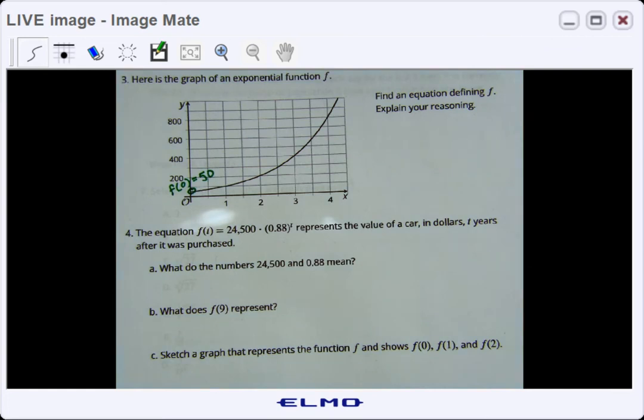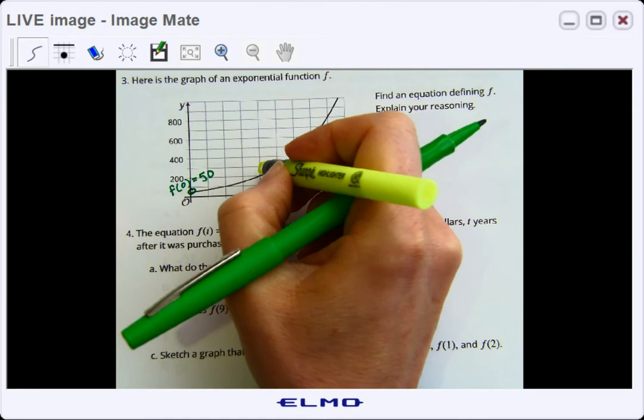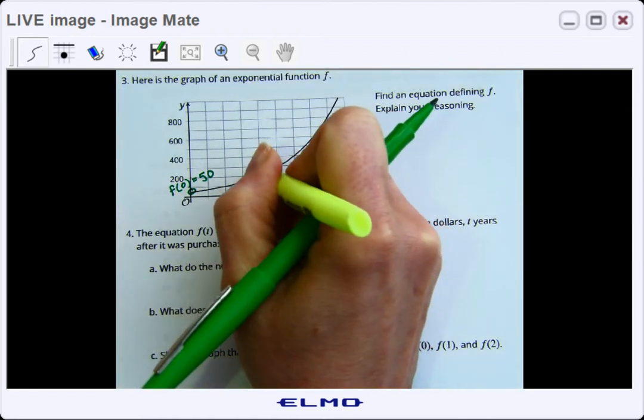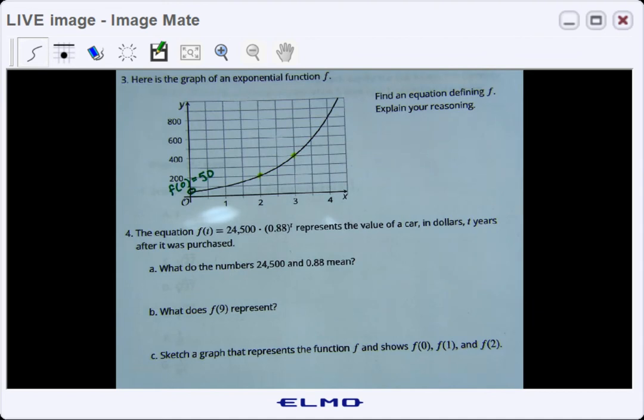So I know the initial amount, and then I need to know what it's growing by. And I can choose any 2 sequential years to determine what the growth factor is. And so I'm going to choose just year 2 to year 3. Okay, any 2 sequential years would be fine.